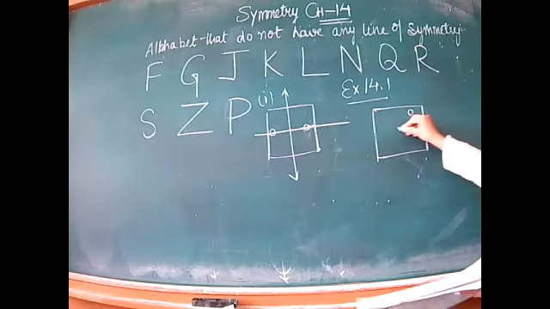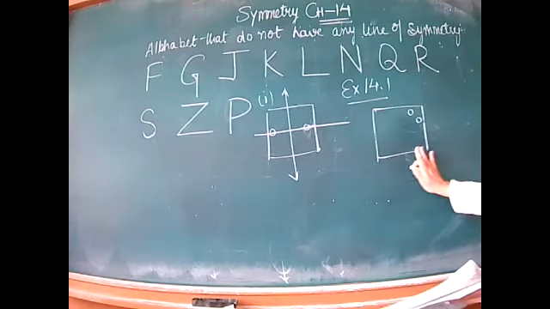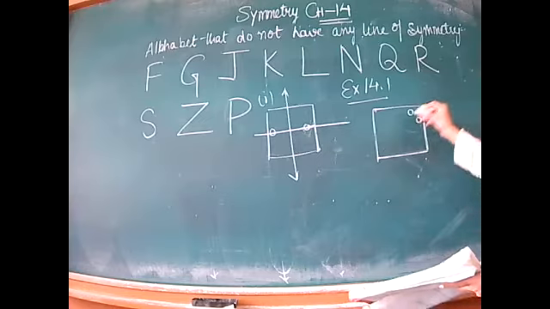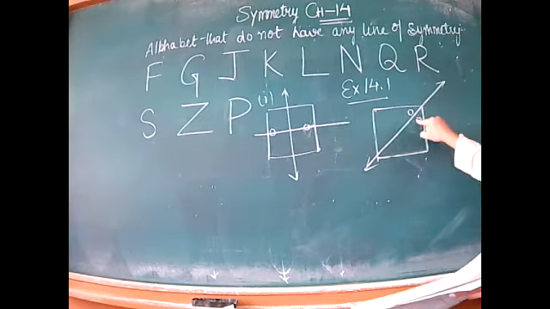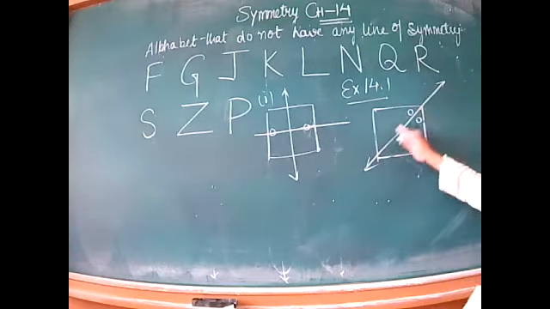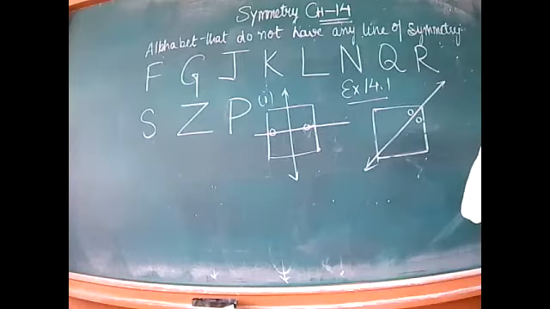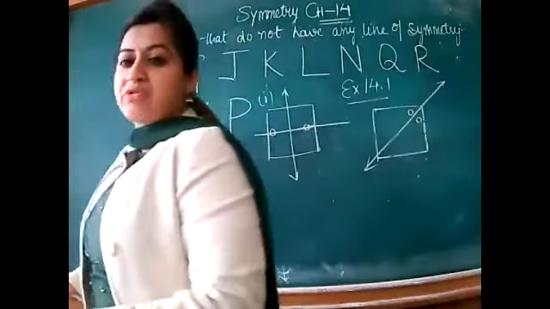In the same manner, the horizontal line will also not work as a line of symmetry. So you have to draw the line of symmetry like this only, so that when you fold this paper about this line, they will surely overlap. So it has only 1 line of symmetry.